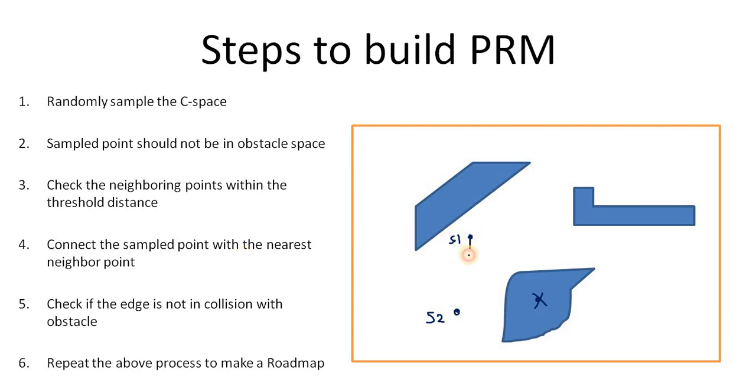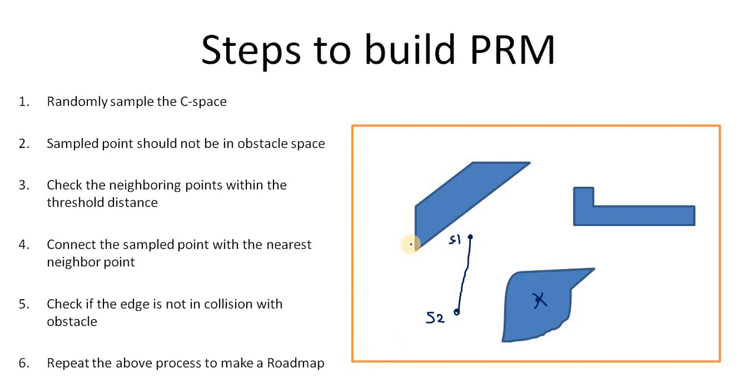Now we use an edge, a straight line, to connect these two points. Check that the edge is not in collision with the obstacle. Yes, there is no obstacle between these two points, the edge is not colliding with the obstacle, so we add this point S2 to our graph, the roadmap.